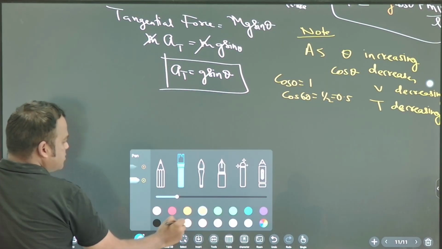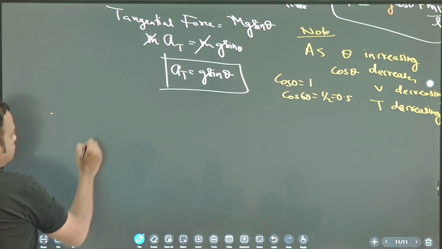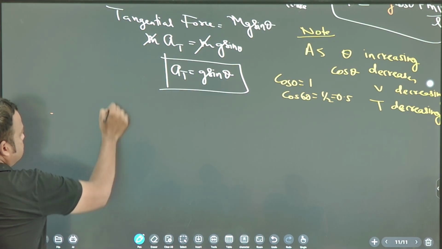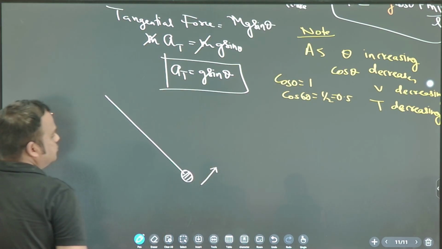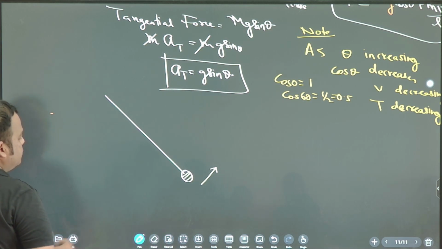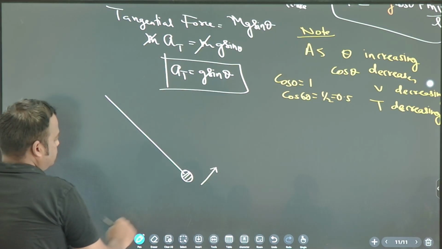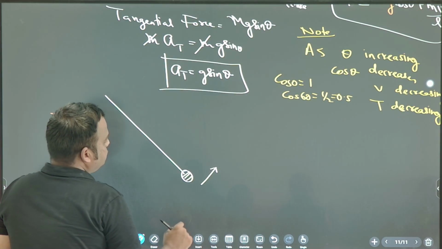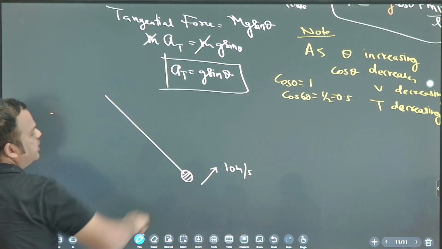Now you calculate this. Suppose at this instant the speed is 10 meter per second.